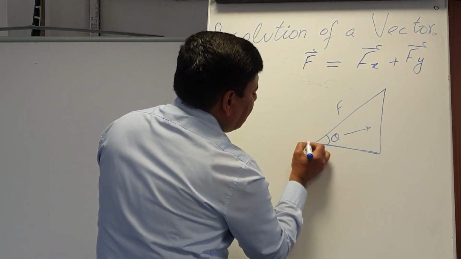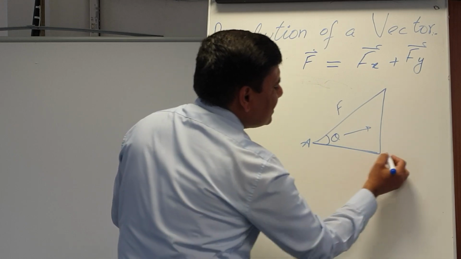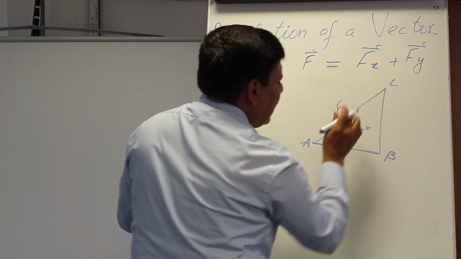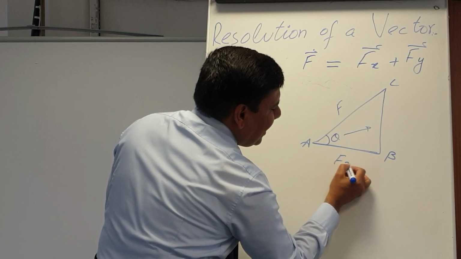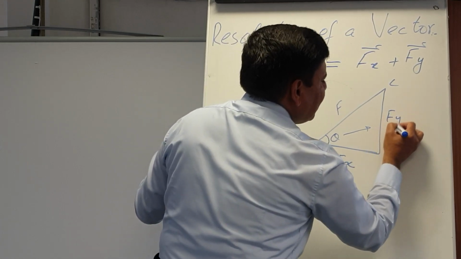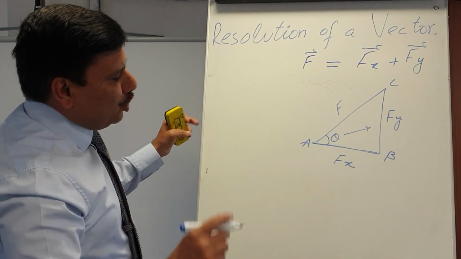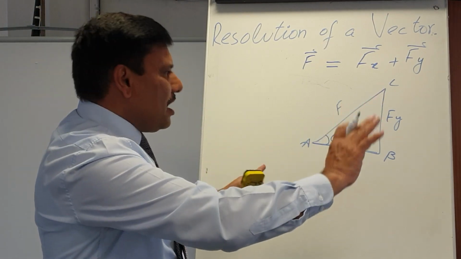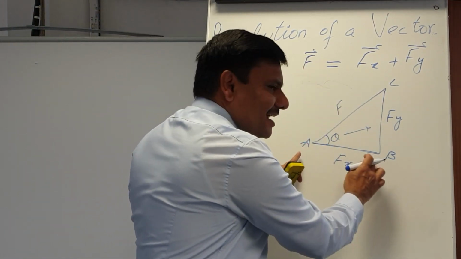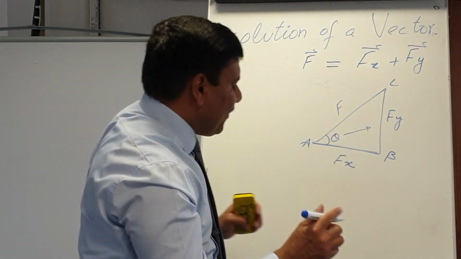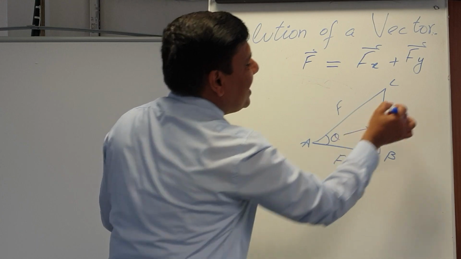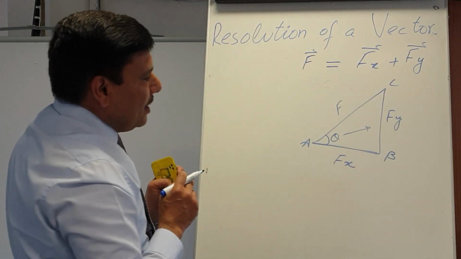So we can name this right angle triangle ABC, and this was F, this side was represented by fx and this was represented by fy. Now I am not considering the direction because we know already this direction is i and this direction is j. I am just trying to find out the value of fx and the value of fy.